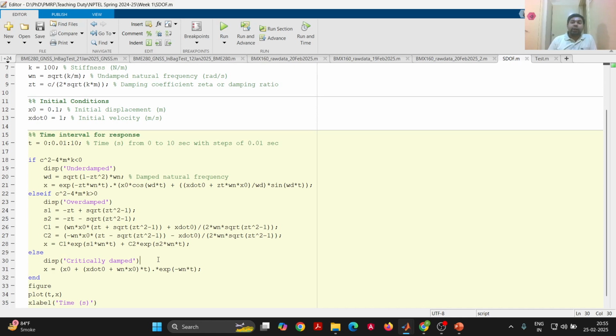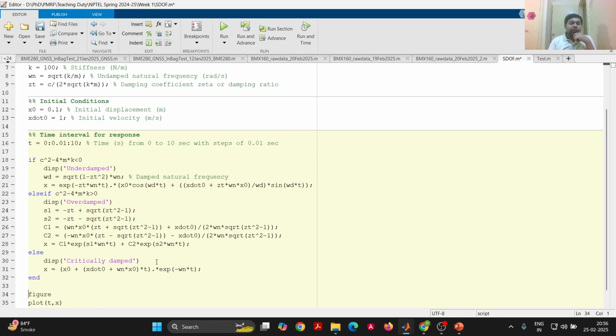This is how we can create the if-else structure to check in which regime the response will be, of what category, and calculate the response for that set of parameters and initial conditions.